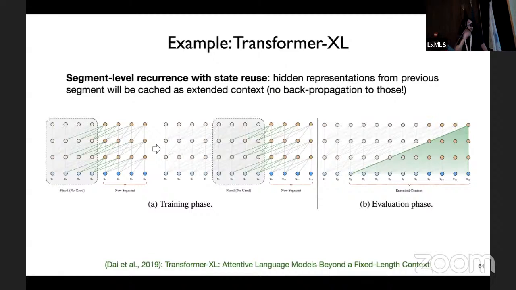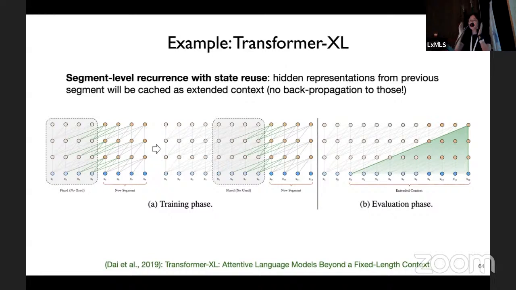Another line of research focuses on a segment-level recurrent structure to do long context modeling. In the famous paper Transformer XL, if you have a very long context, the idea is to segment this context into multiple segments and do language modeling segment by segment.